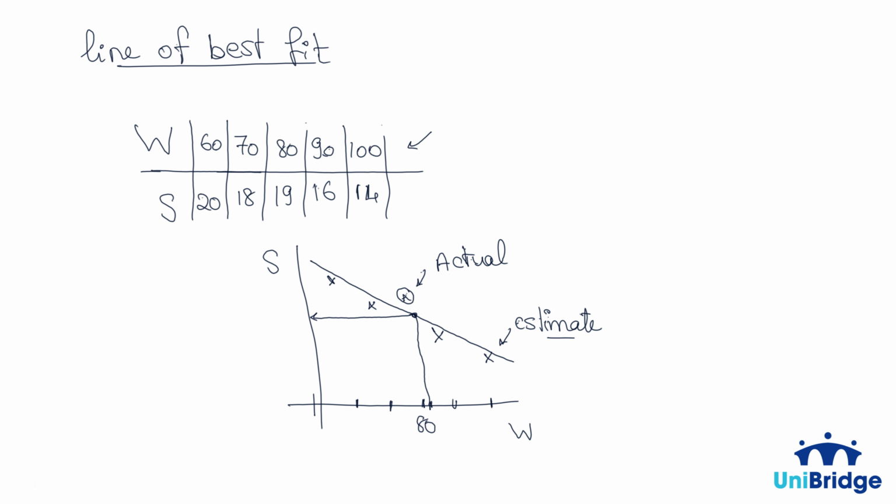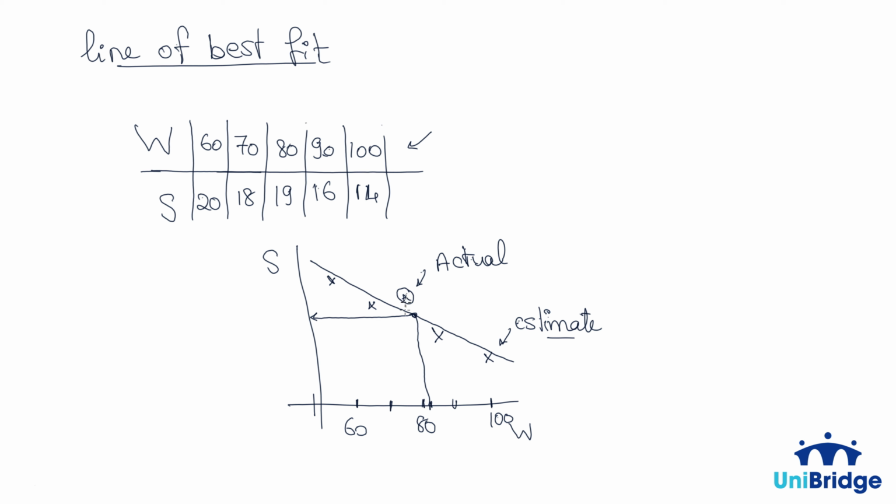So if you read this from here, then you know the speed of the person at a weight of 82. And using the same logic, you can find an estimate for the speed of any person throughout this range, from 60 kilograms to 100 kilograms.